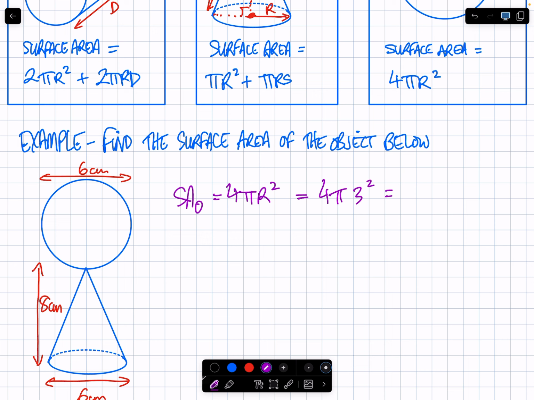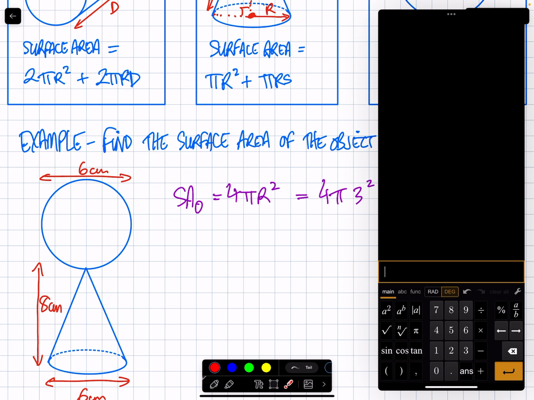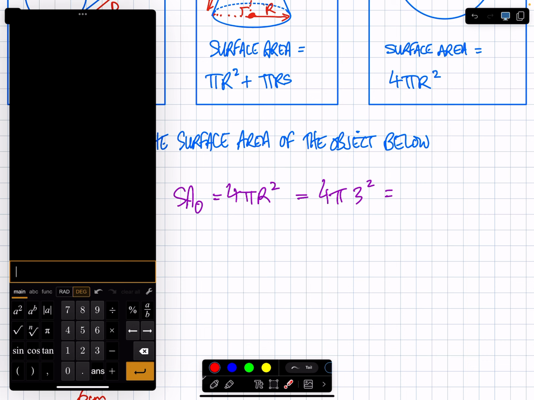Now, a problem that I've noticed with this class is you forget that BEDMAS exists. Are there brackets in this right now? Is there an exponent? You need to deal with the 3 squared first and then times everything else. So I'll show it on the calculator here. 3 squared is 9.